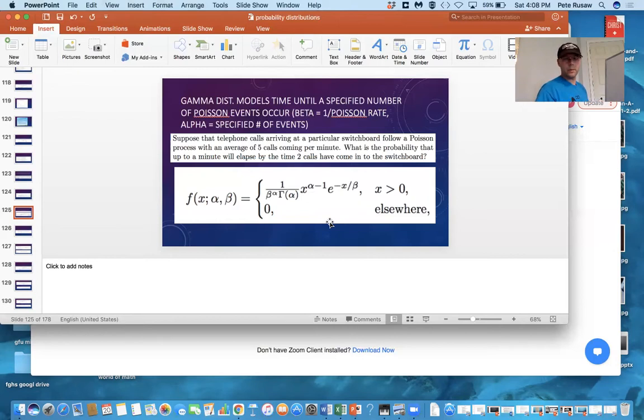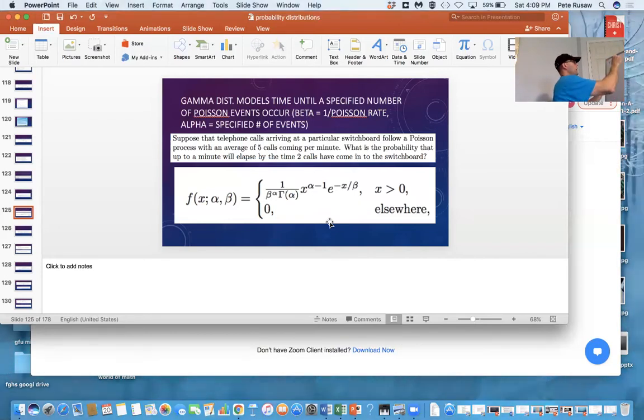All right. So notice the 1 over beta to the alpha times gamma of alpha is a constant. So I can throw that in front of the integral if I want to. So the probability that x is between 0 and 1 minutes equals 1 over beta to the alpha.